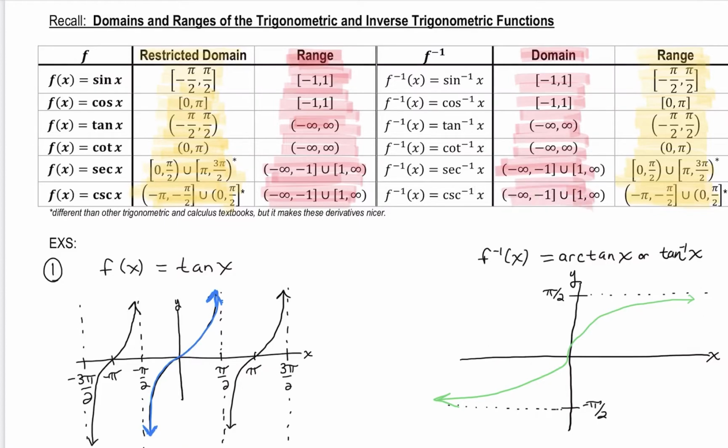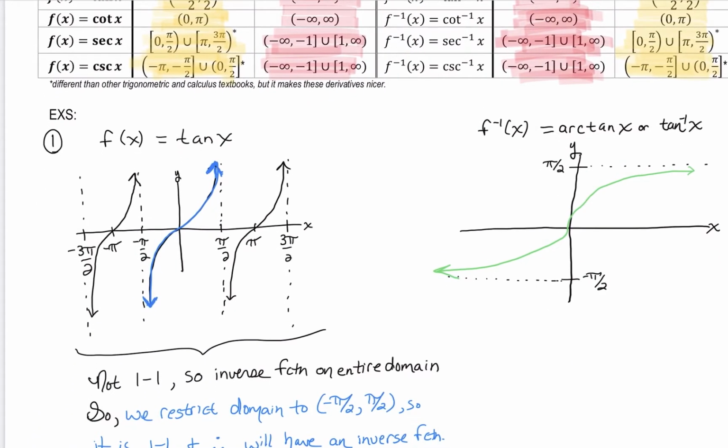I just want you to remember some of these basic ideas here. The other thing is how we evaluate these inverse functions. You're trying to think of an angle whose tangent, for example, is 1. So if I were to say, what is tan inverse of 1?